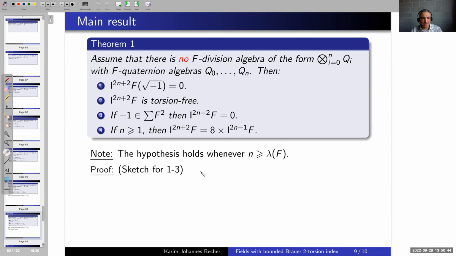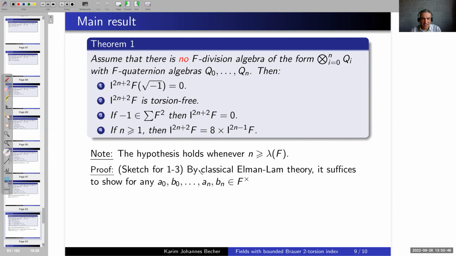That is what I call Elman-Lam theory, and it also says something. For example, how does the property that a certain power of the fundamental ideal vanishes go down? And it shows, for example, the implication 1 implies 2, independent of any condition. And also, if you have, on the other hand, that this is torsion free, what else do you need to know to have that this is 0? That's also treated by them.